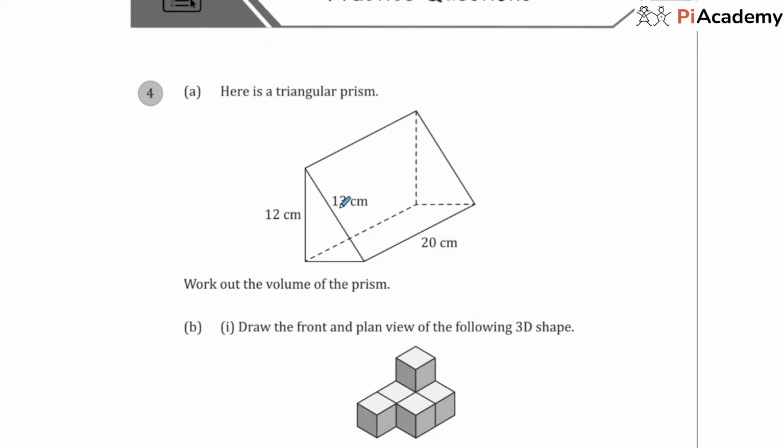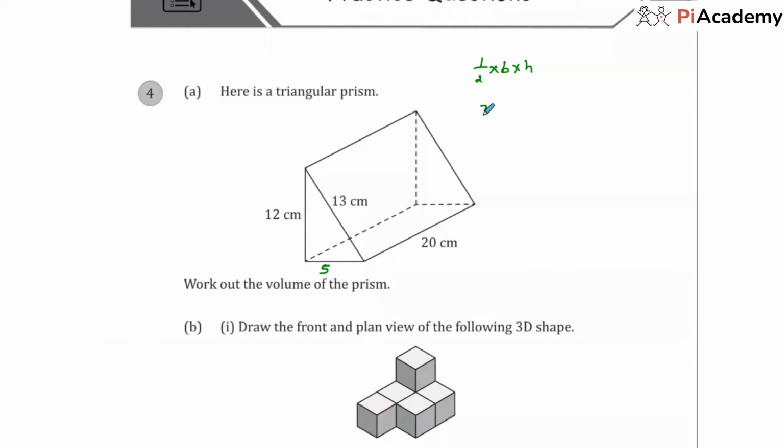What is the base here? It's a triangular prism, so you can use Pythagoras to find the base. The base is 5. The area of a triangle is half times base times height, so half times 5 times 12 is 30.